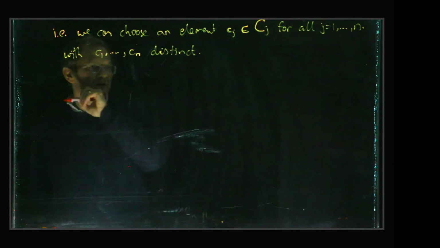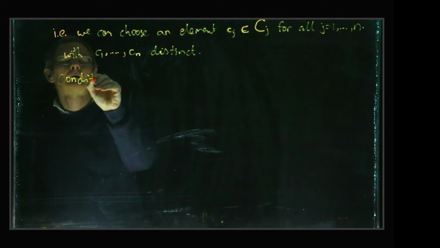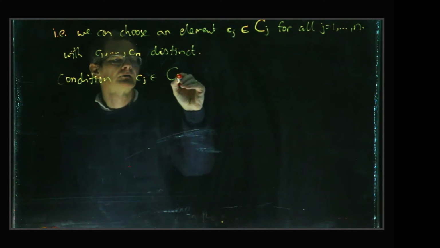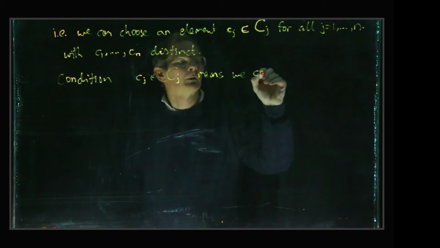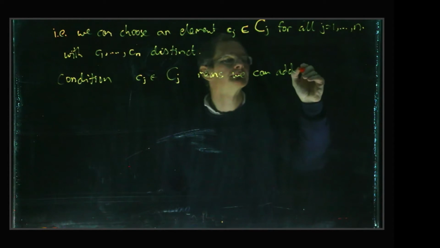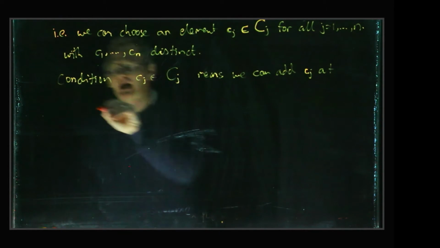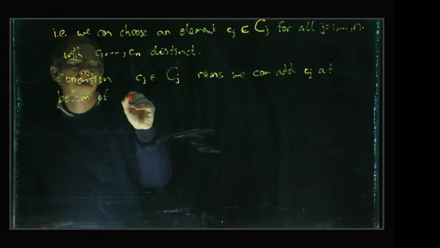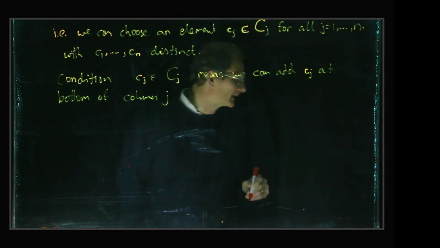So the condition cj in CJ means we can add cj at the bottom of column J without creating a clash.